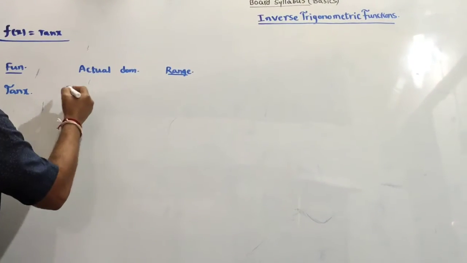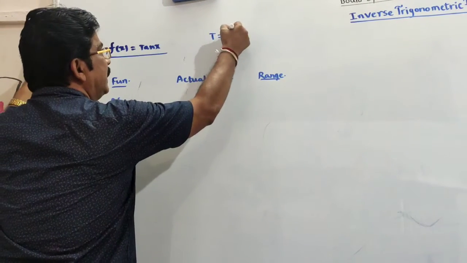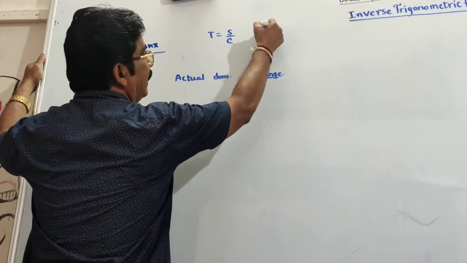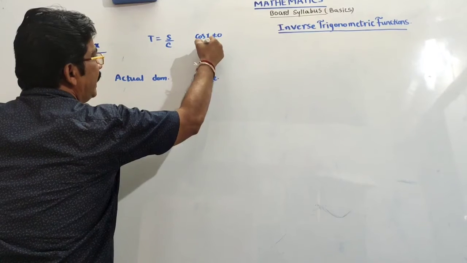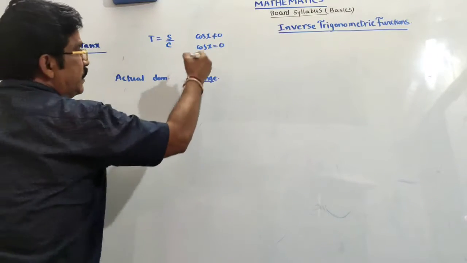Next, actual domain. Actually, tan x is equal to sine divided by cos. So cos x should not be equal to 0. What is the general solution of the equation cos x equal to 0?